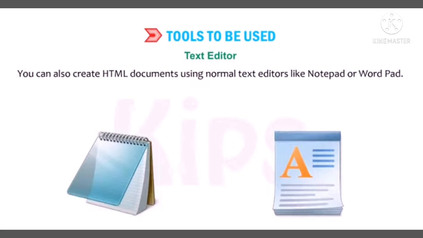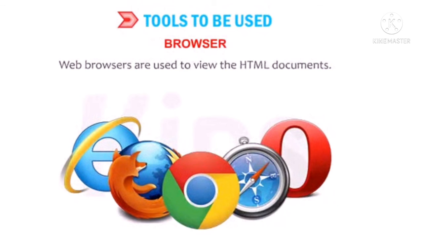The second basic tool that I have already told you is the web browser. Do you know which are the commonly used web browsers? Yes, several commonly used web browsers are Google Chrome, Internet Explorer, Microsoft Edge, Apple Safari, Mozilla Firefox, and Opera.